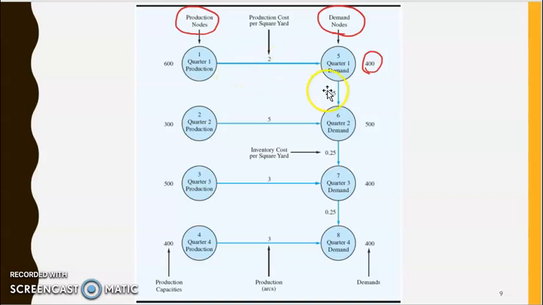So here we have 1, 2, 3, 4, 5, 6, 7 decision variables to decide how much to manufacture in Q1 to be used in Q1. How much to produce in Q2 to be used in Q2. How much to produce in Q1 to be transformed to Q2.